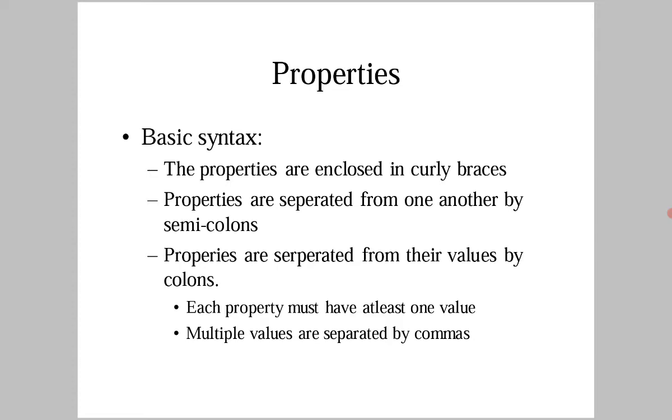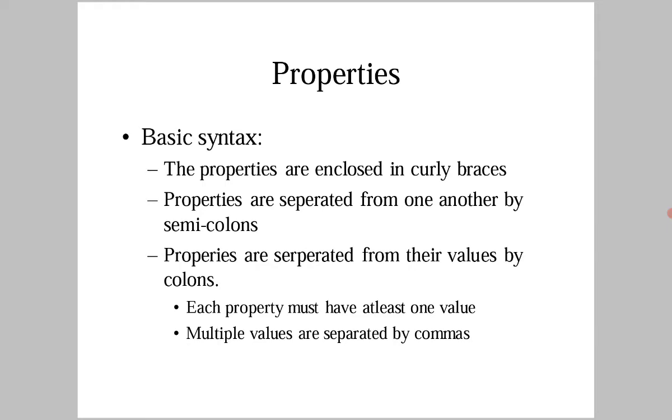One property is separated from another with a semicolon, and properties are separated from their values by a colon. So colons separate properties from values, and semicolons separate the declarations. Each property must have at least one value.